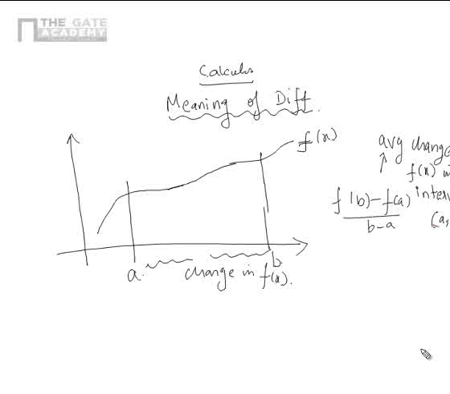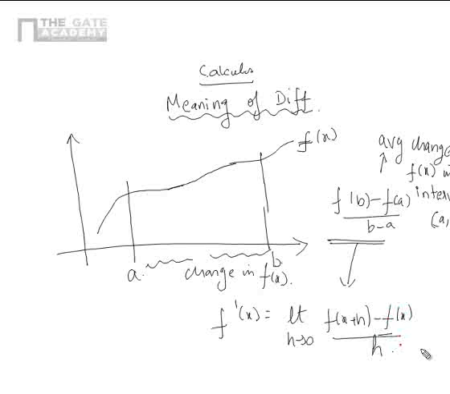Correct? Then we extended this average change and we got f dash of x to be limit h tends to 0 of f of x plus h minus f of x by h.